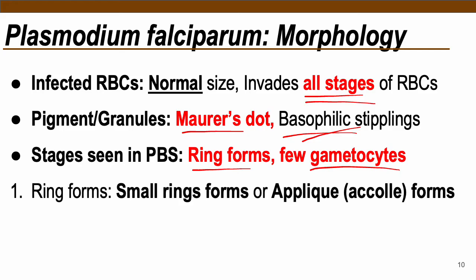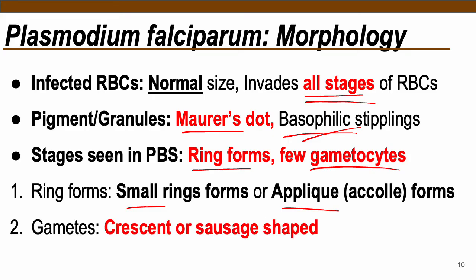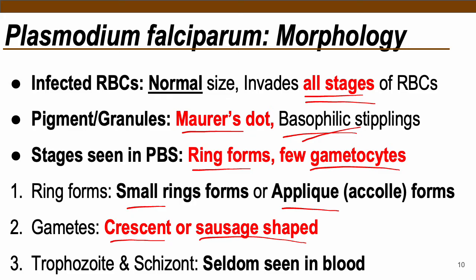So for ring forms, these are smaller in size, or what we call appliqué, and for gametes, or the mature female and male gametocytes, these are crescent or sausage shaped. For trophozoite and schizont, these are not preferred since these are seldom seen in the blood smear.